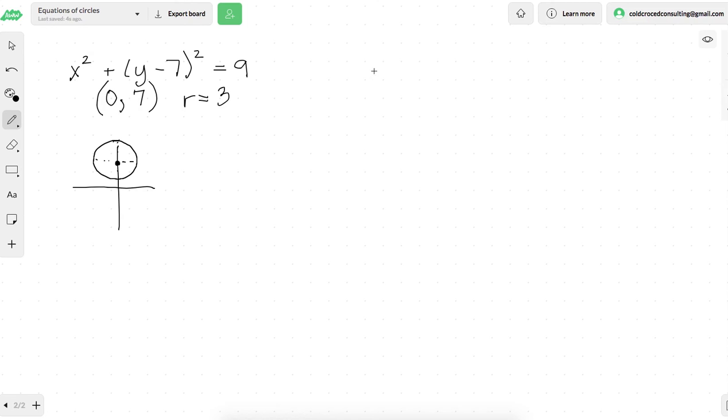But what if you were given just the information like the center is at 4, 9, and it has a radius of 6? What would that equation look like? Okay, so again, it's x minus h squared plus y minus k squared equals r squared. And yeah, I tend to write the formulas a lot, and I guess that's how I remember them.